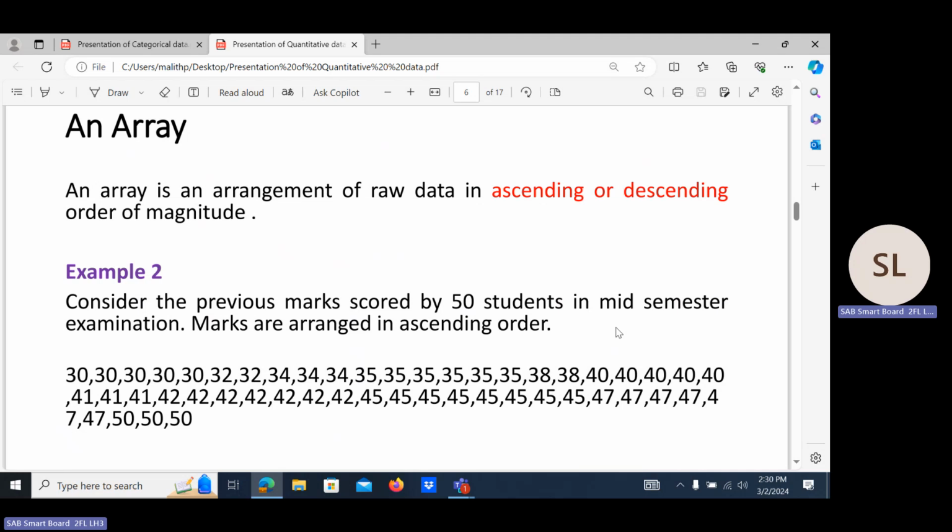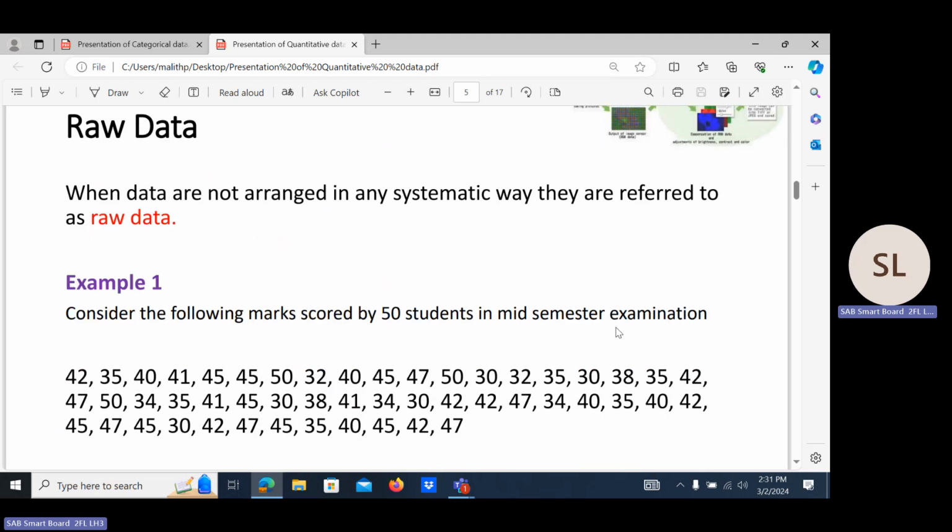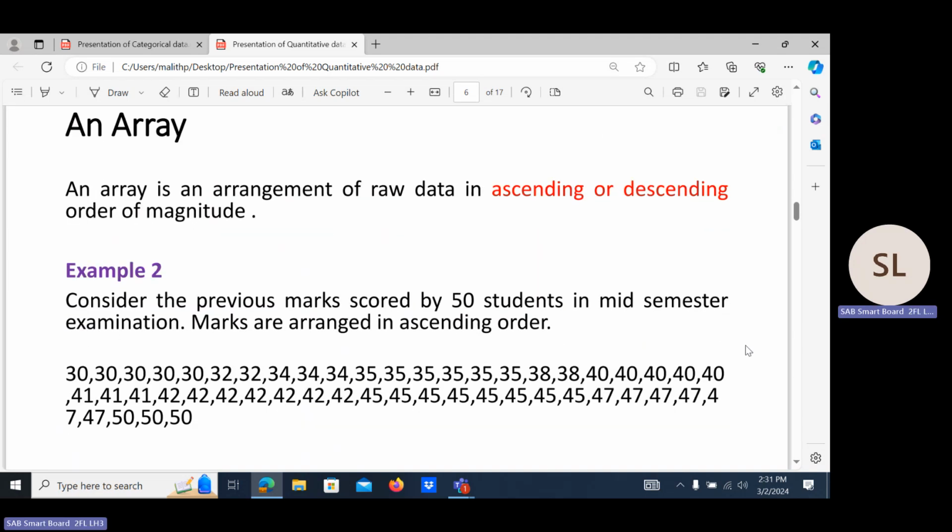When we arrange the data set in ascending or descending order, we can identify whether there are any repeated values. When looking at the raw data set, identifying repeated values is not easy; we cannot easily understand which values are repeated. But using the array, we can.